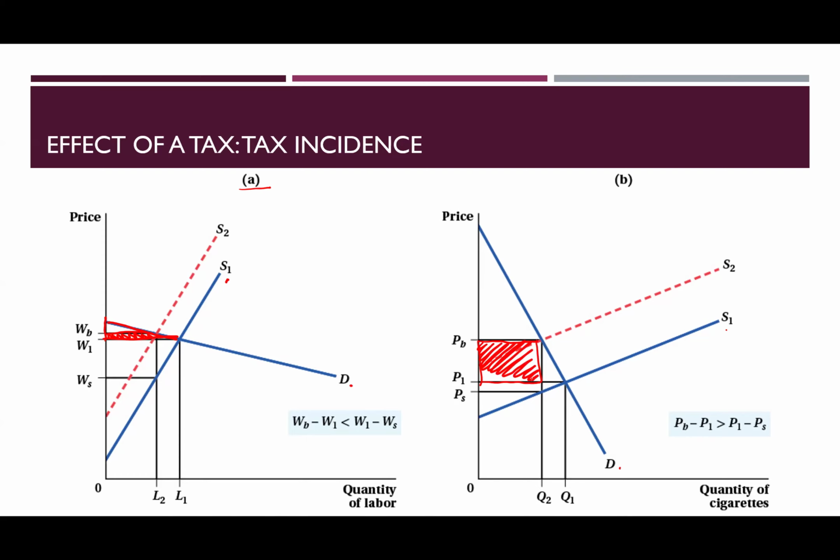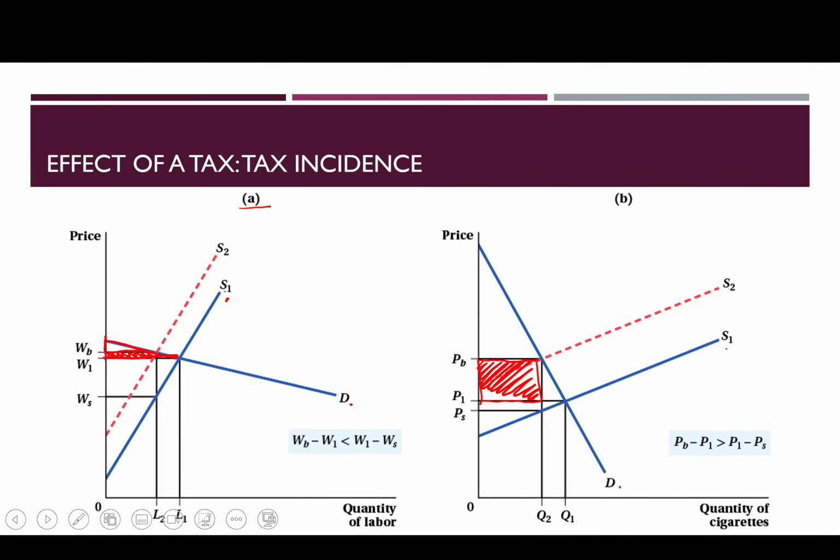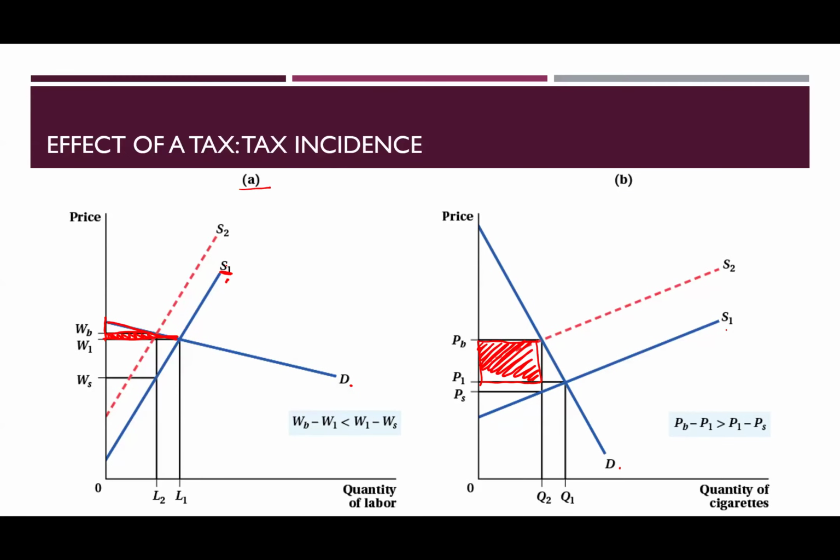So essentially, whoever is less willing to walk away from the exchange is the one who bears more of the burden. So in graph A, supply is very inelastic. So that means sellers are less willing to walk away from that exchange, whereas consumers are more willing to walk away.